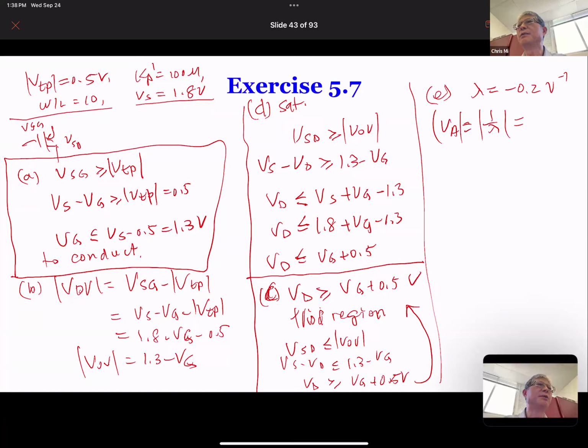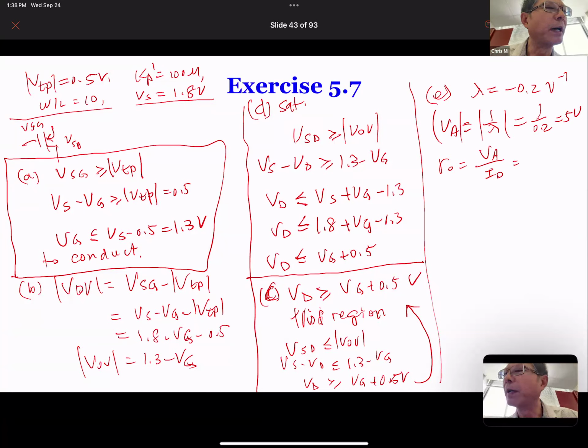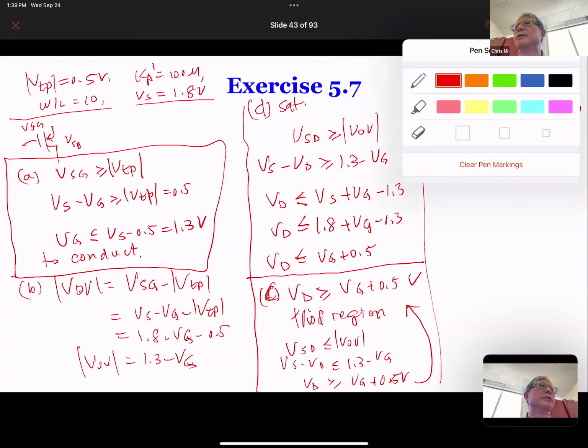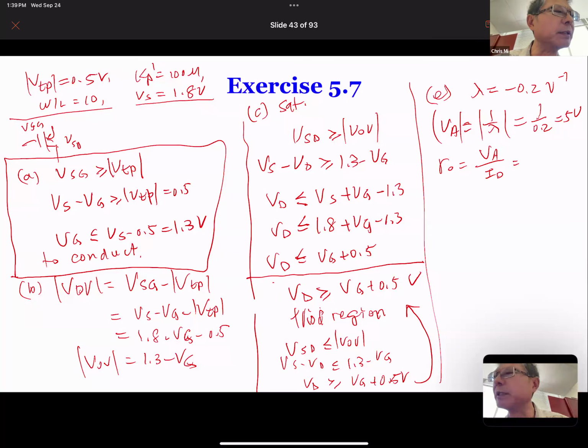Again, we're going to use the absolute value, so it's going to be 1 over 0.2, which is 5 volts. And then we know that RO equals VA over ID. And I think the ID has to be given, otherwise you wouldn't be able to. Oh, actually, no. Come on. Actually, I think what we did was correct. It's confusing. So C is in saturation.